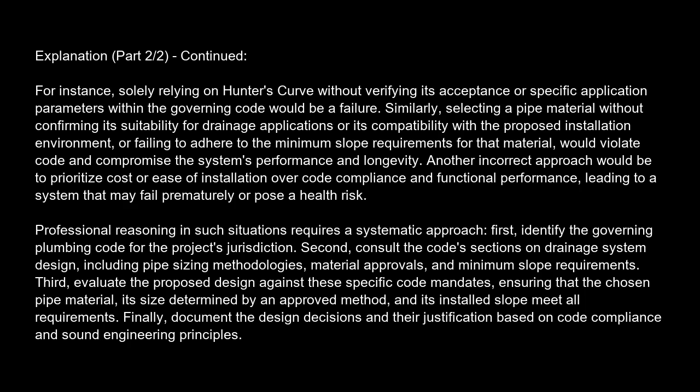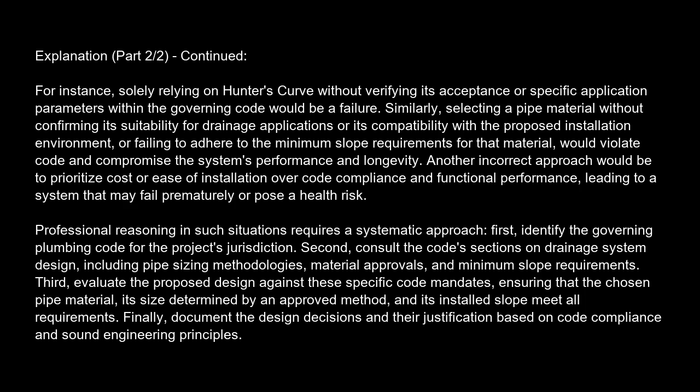Similarly, selecting a pipe material without confirming its suitability for drainage applications or its compatibility with the proposed installation environment, or failing to adhere to the minimum slope requirements for that material, would violate code and compromise the system's performance and longevity. Another incorrect approach would be to prioritize cost or ease of installation over code compliance and functional performance, leading to a system that may fail prematurely or pose a health risk.